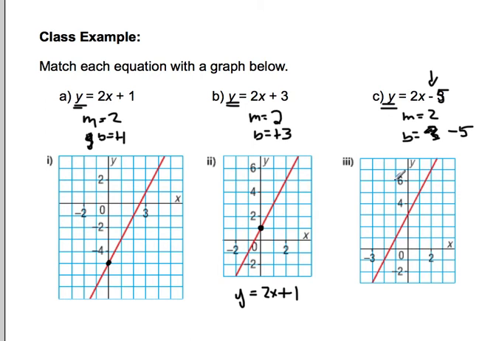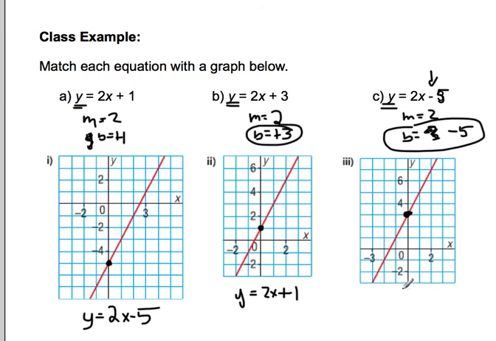So my b was -5. So here, it's the only one where I have a b of -5 and a y-intercept equal to -5. That has to be the matching graph. And here I have +3. I have a b of +3. It's the only one, so this must be 2x plus 3.